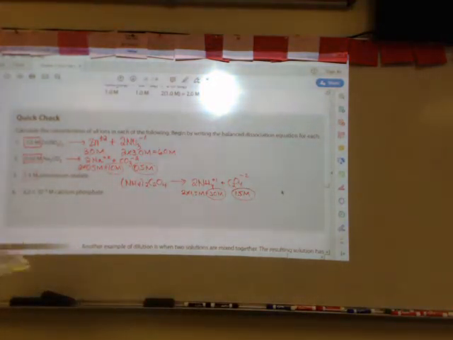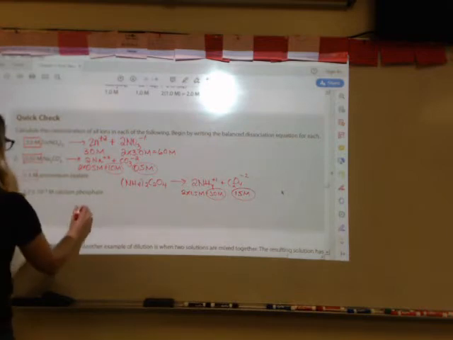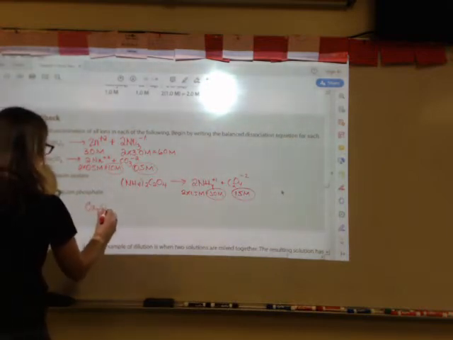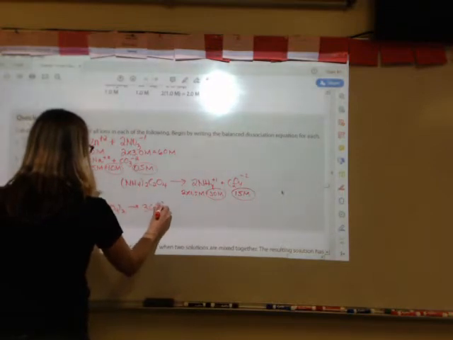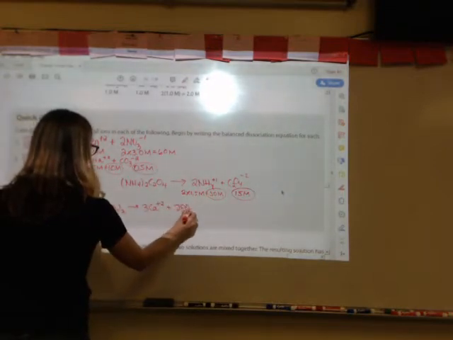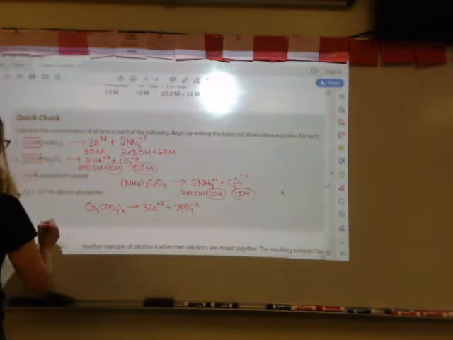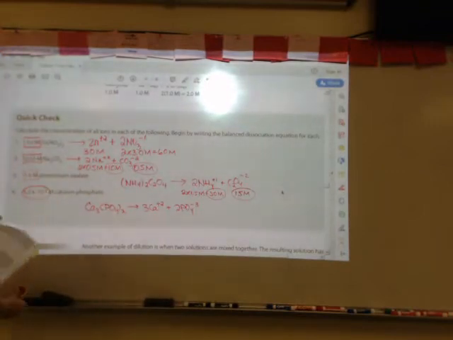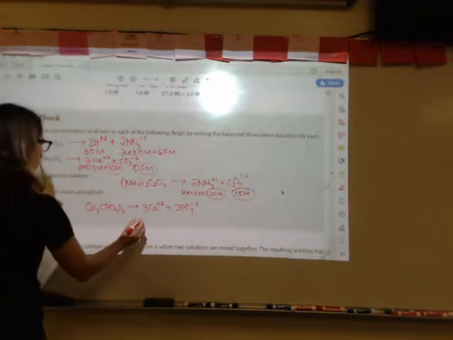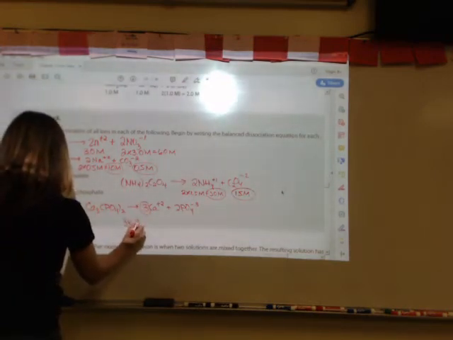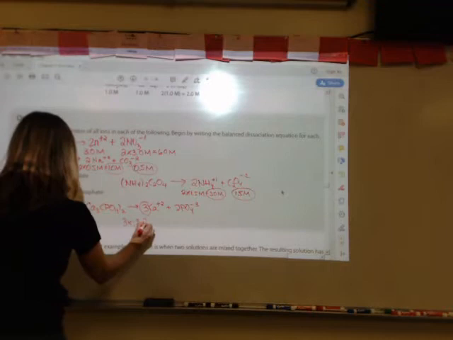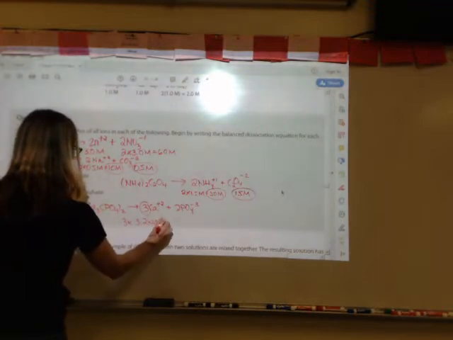Now, for number 4, calcium phosphate. Calcium phosphate will dissociate into 3 calcium ions and 2 phosphate ions. The original concentration is 3.2 times 10 to the negative third. You need to take the coefficient on calcium, multiply it by 3. 3 times 3.2 times 10 to the negative third molarity.